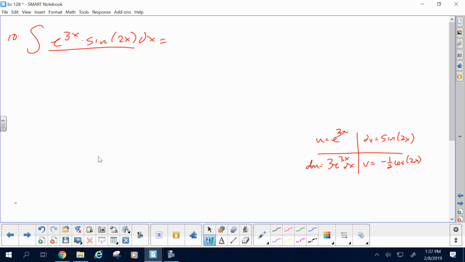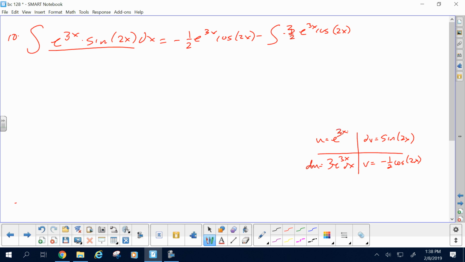All right, uv then, you want to choose the one that's least likely to make mistakes. uv then is negative 1/2 e to the 3x cosine of 2x minus v du, which is negative 1/2 times negative 3/2 e to the 3x cosine of 2x.